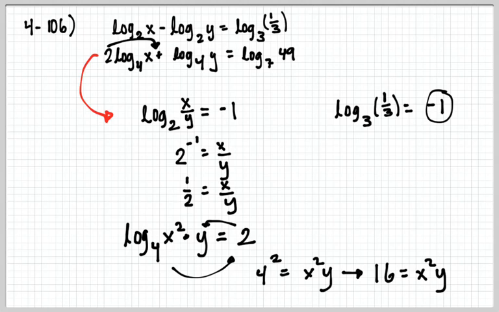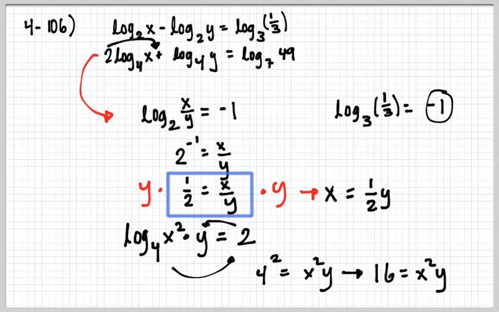Okay, so we have two different forms now, and it might help us to use substitution here. How about we start here and get our x alone? We'll multiply each side by y, and we end up getting a solution for x. x equals 1/2 y.